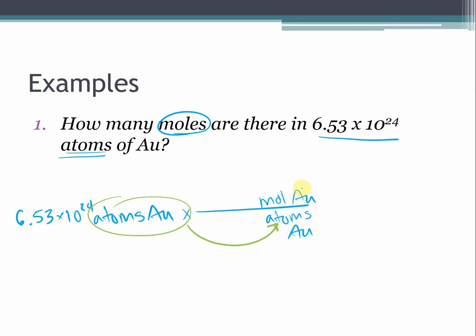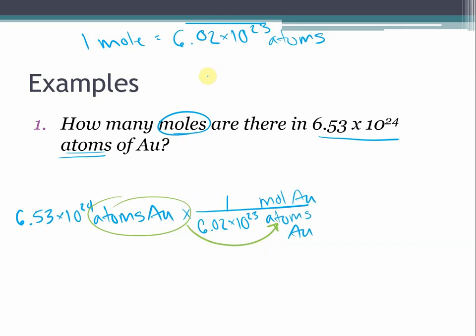And we just learned a conversion factor for this. We said that 1 mole is equal to 6.02 times 10 to the 23rd of anything, in this case atoms. So when we fill this in, it's going to be 1 mole and 6.02 times 10 to the 23rd atoms. At this point, you're going to plug it into your calculator.